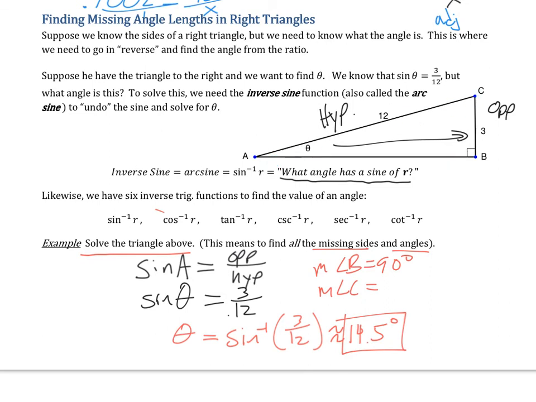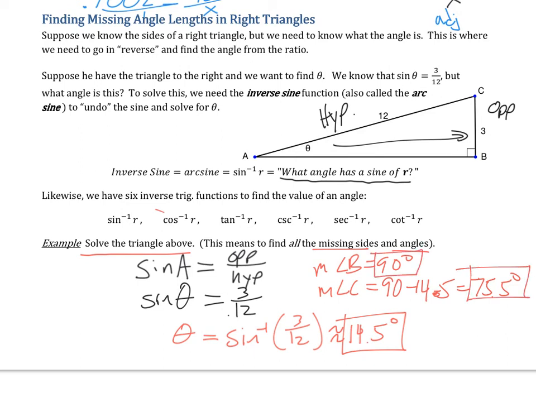So we have 90 degrees minus 14.5. And so that's going to be 75.5 degrees.